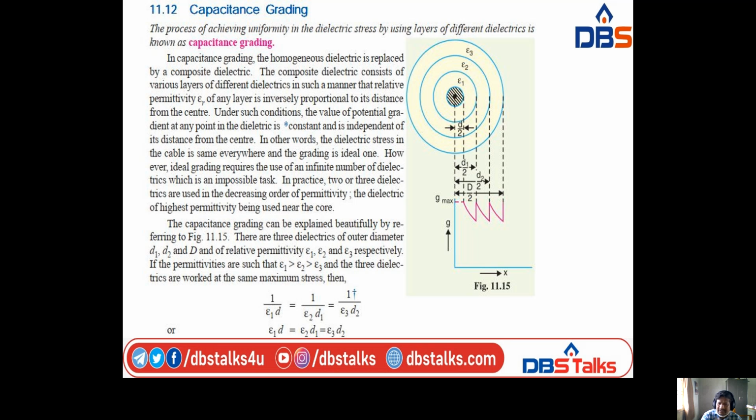If epsilon 1 is greater than epsilon 2 is greater than epsilon 3, and the 3 dielectrics are worked at the same maximum stress, therefore 1 by epsilon 1 d, why? Because the stress is the same. 1 by epsilon 1 d equal to 1 by epsilon 2 d1 equal to 1 by epsilon 3 d2. From that, epsilon 1 d is equal to epsilon 2 d1 equal to epsilon 3 d2.